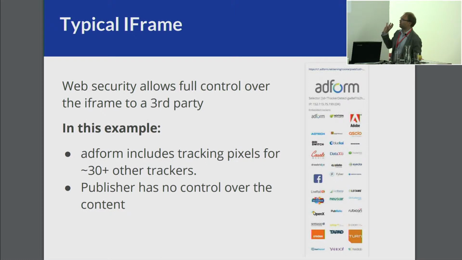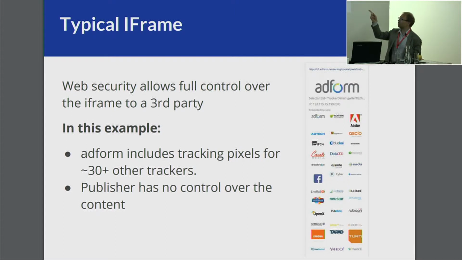So this is an example from our Trackerdetect tool of a typical iframe. An iframe is an isolated piece of a web page that is running in a separate domain. So the separate domain has full control over what is happening inside of that and can load whatever it chooses.